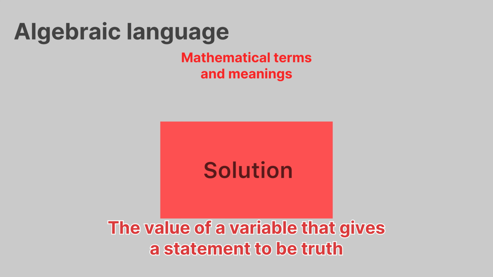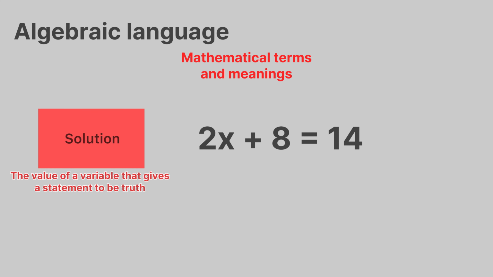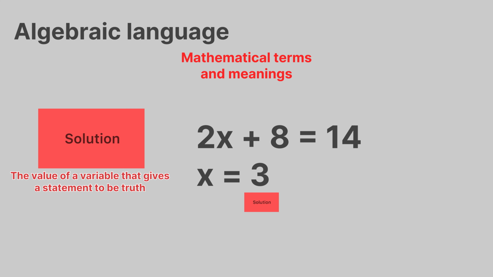Let's say if they say solve x, you will solve x and then you get x, and then your answer will be your solution, which means the number that you get when they say solve x. Let's say you have 2x plus 8 equals 14, and then they say solve x, your answer will end up being 3, and then the solution will be 3 because you solved x, then that is your solution.